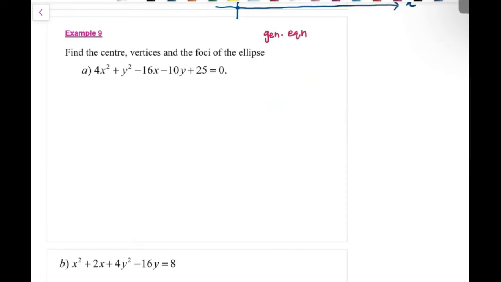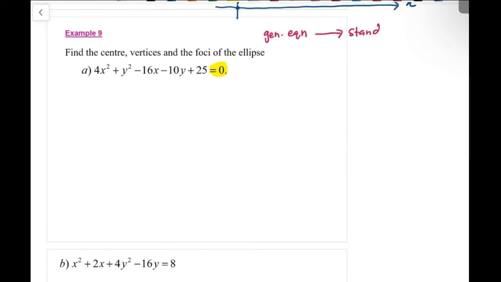Because it is equal to 0. Kalau dia equal to 0 je, confirm dia bentuk general lah. Dia tak ada bracket-bracket, dia tak ada pecahan. Dia confirm general. So, in order to find center, vertices, foci, nak cari tu semua, kita memang kena convert into standard. From general, tak boleh nak cari.